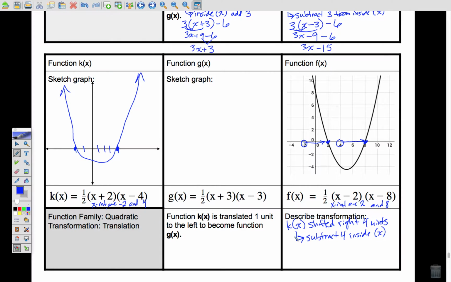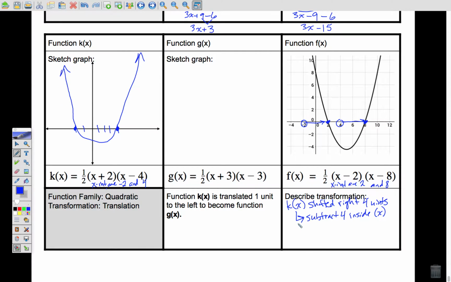So if I take this original function, so that's 1/2 of x plus 2, and then I subtract 4 inside of that, and then I have to do it to every x, so x minus 4, that's the original one, and then I subtract 4 again.